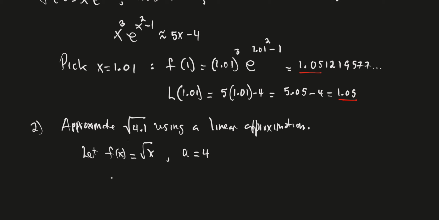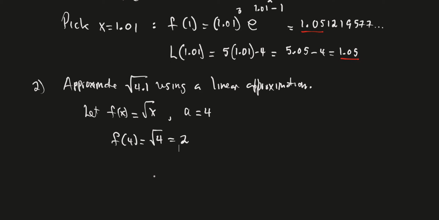Okay, so let's go through it. We need our f of 4. Again, we chose it because it was easy to find. The square root of 4, that's 2. Now I need my derivative, right? So f prime of x, we know that this is x to the 1/2.